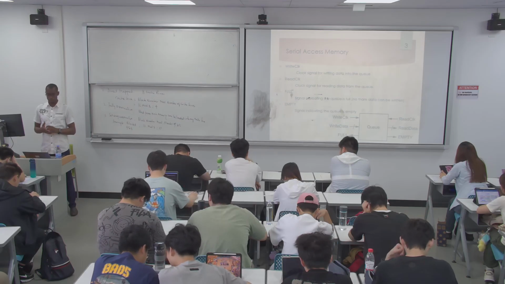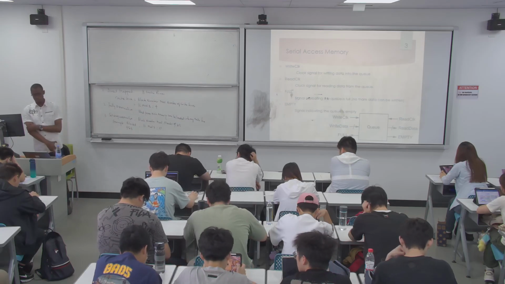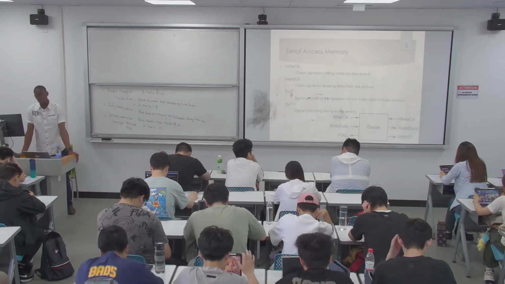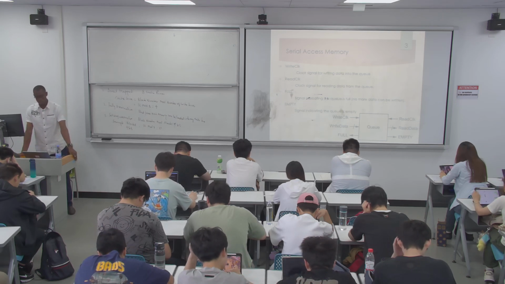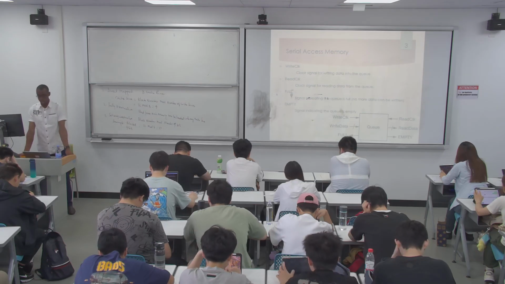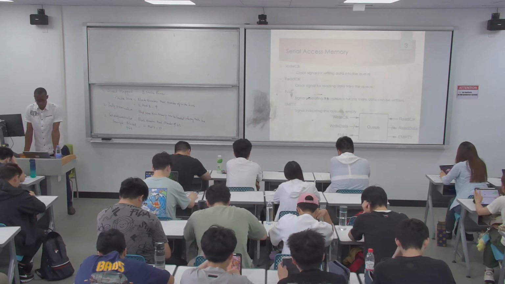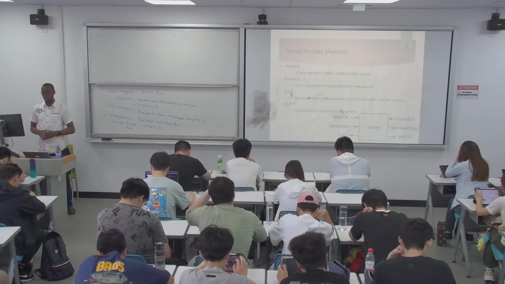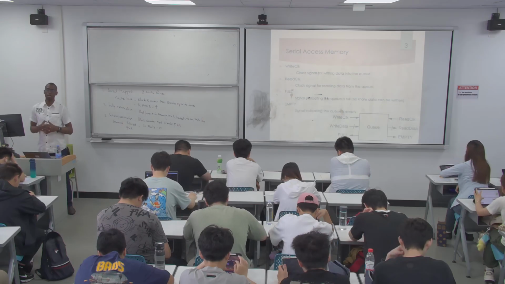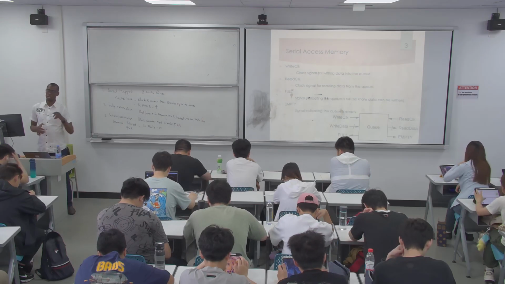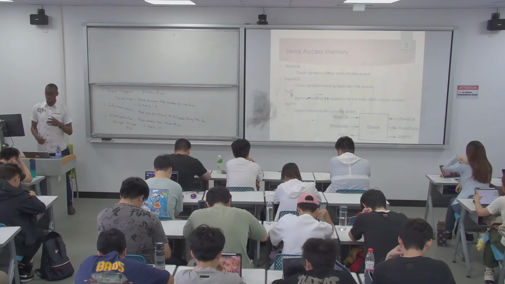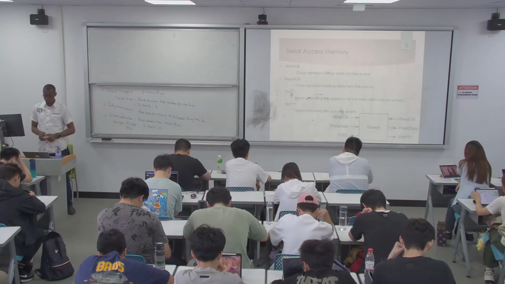A serial access memory, as depicted by this picture on the screen, is commonly used in digital systems to manage data in a first in, first out queue order. It typically consists of a set of registers where data is written and read in a specific order, for example, a sequential read order.